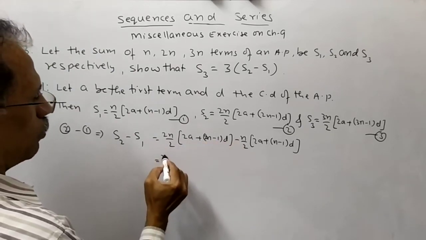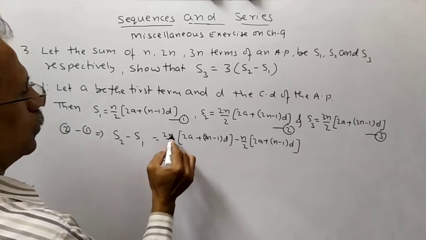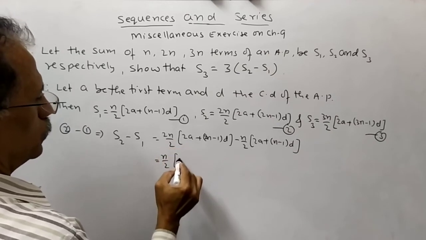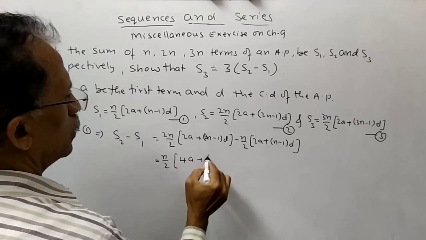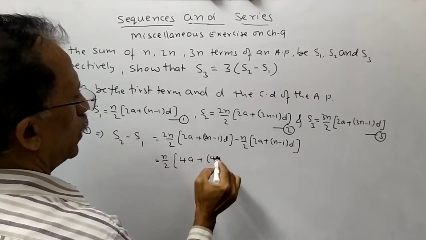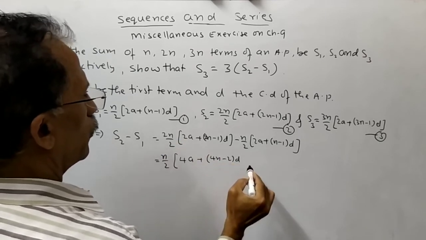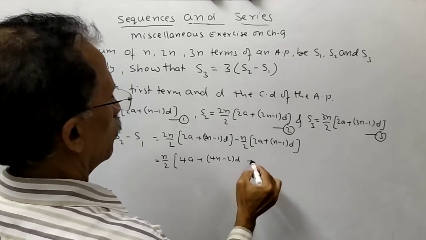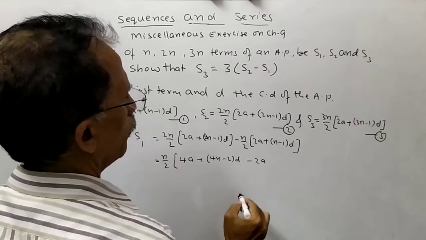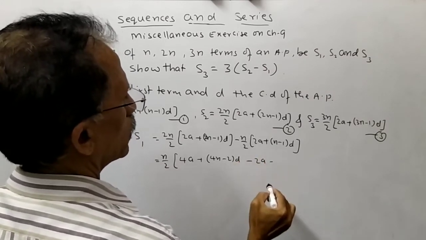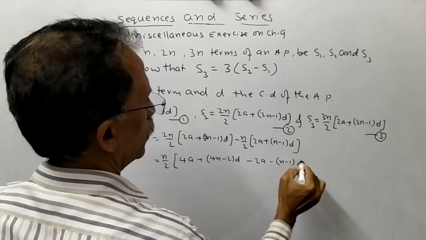By taking n by 2 common, we get 2 into 2, that is 4a, plus 4n minus 2 into d, minus 2a, minus n minus 1 into d.